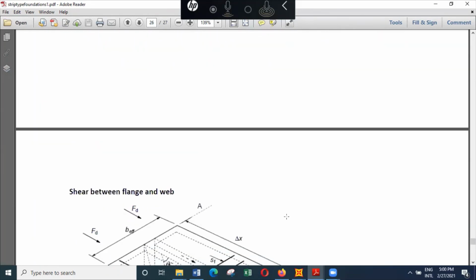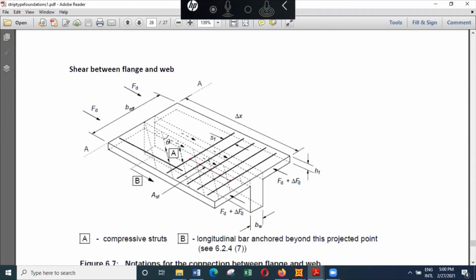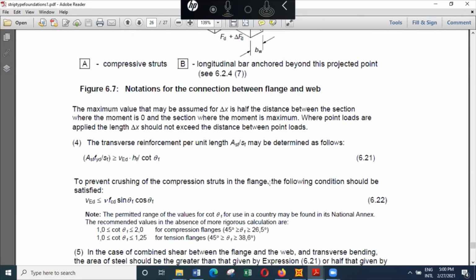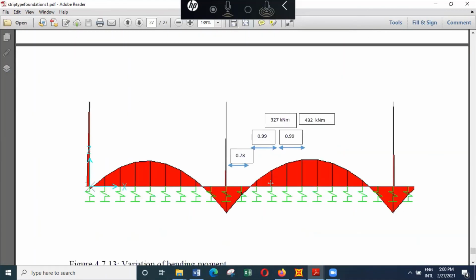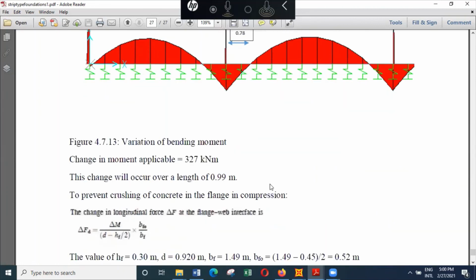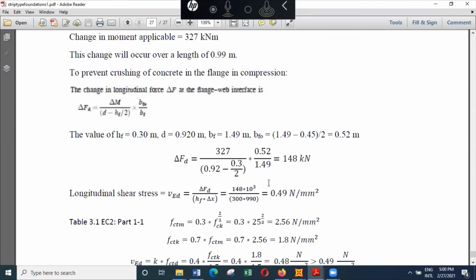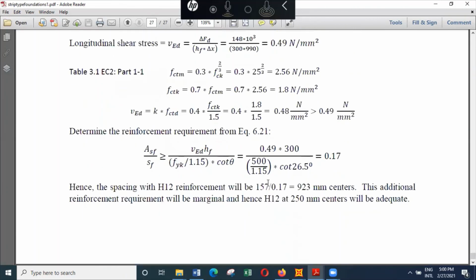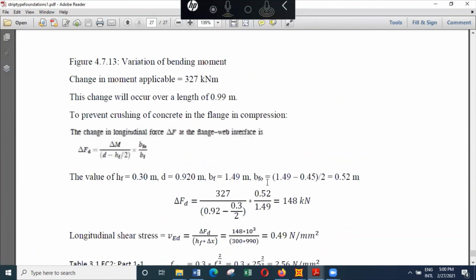So in addition to that, you have to think about the shear failure between the web and the flange. And if you look at it, you can see that also cannot happen. We discussed how to calculate that in detail, so I will not spend time discussing that.